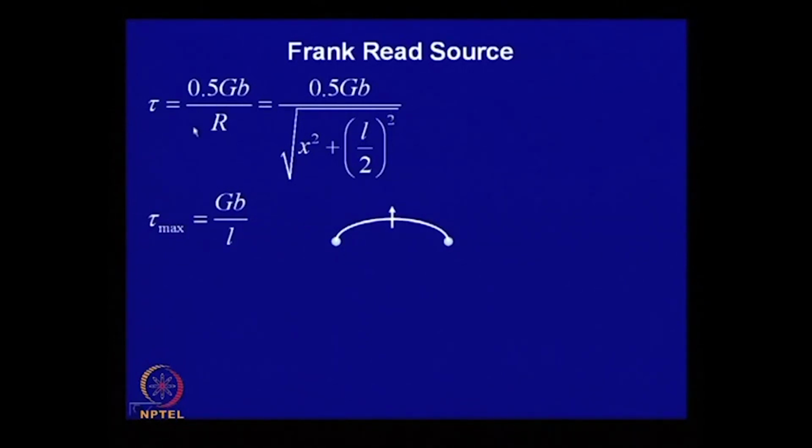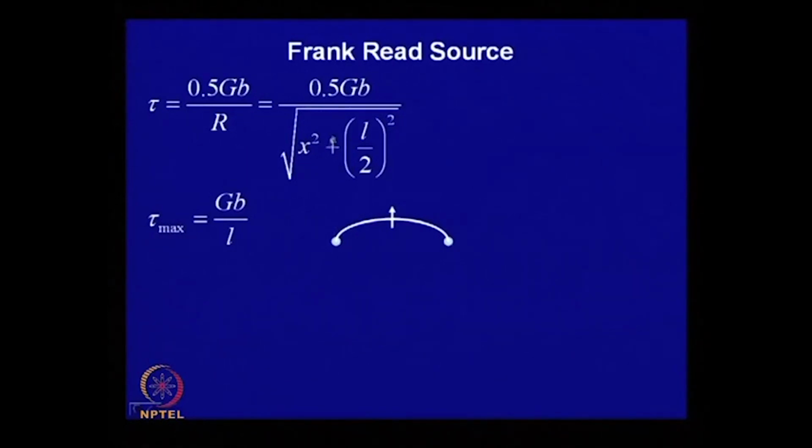So, now you think about it: that means this applied shear stress is a function of the distance of the center of curvature of the curved dislocation line from this linear segment, from these 2 points.